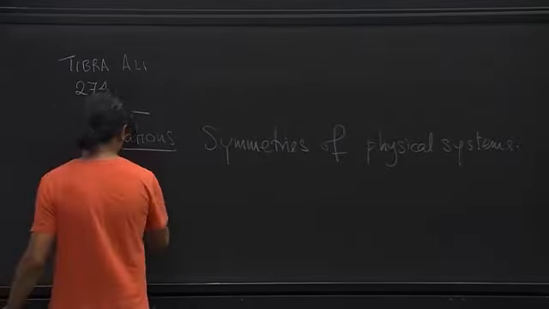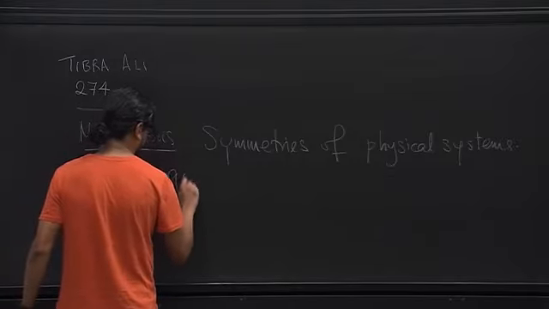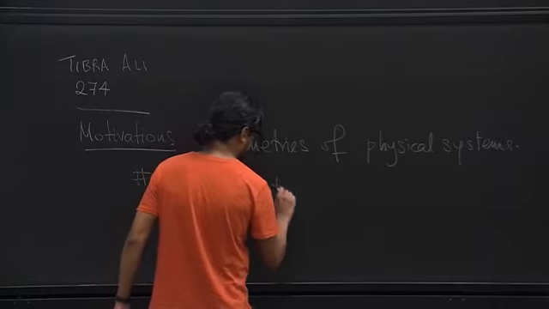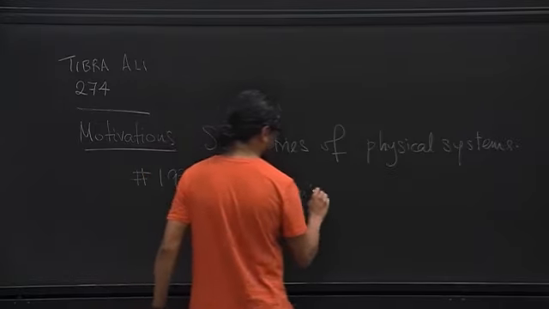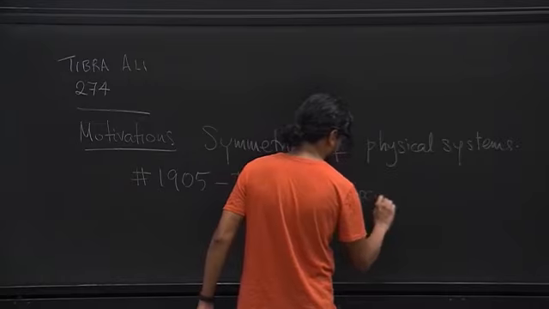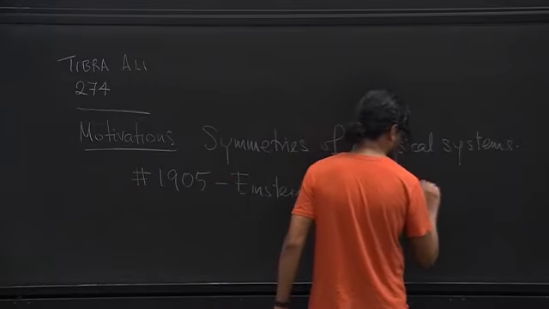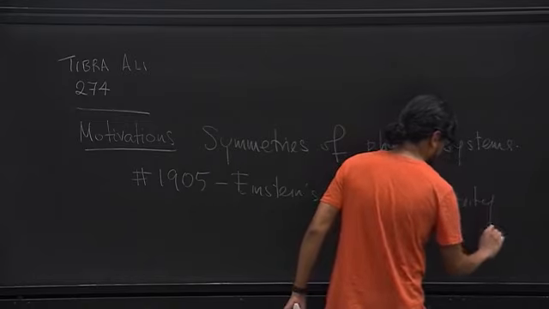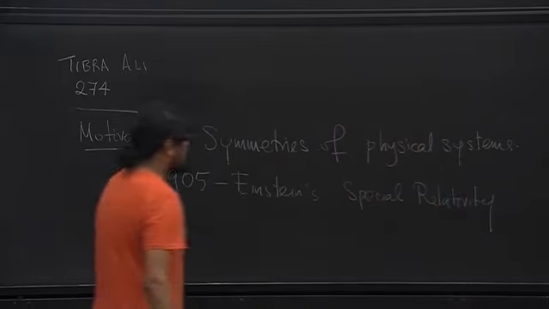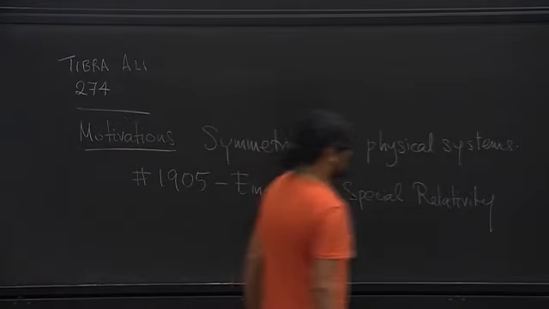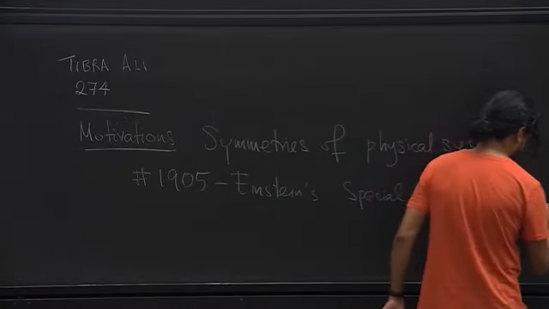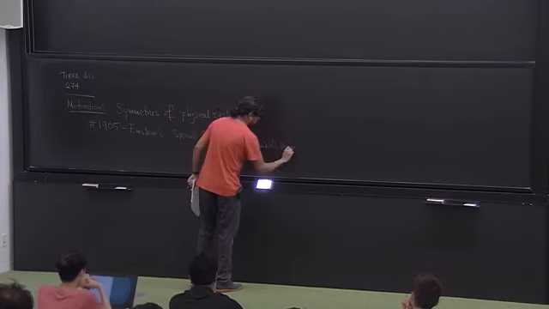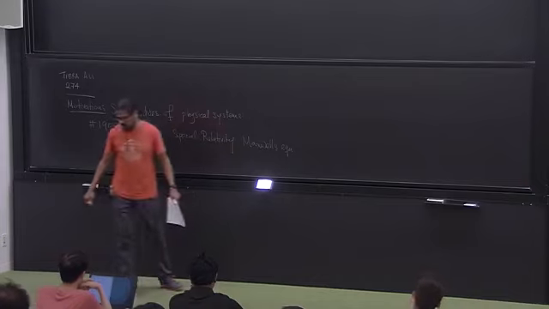So, for example, in 1905, Einstein's theory of special relativity, of course, it wasn't called that at that point, really grew out of his appreciation of the fact that the symmetries of Maxwell's equations were not the symmetries of Newtonian physics.